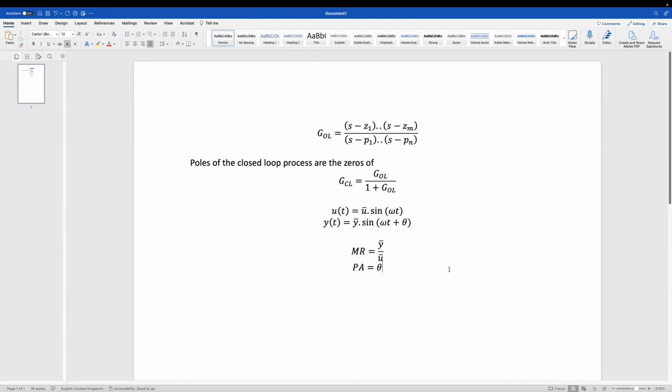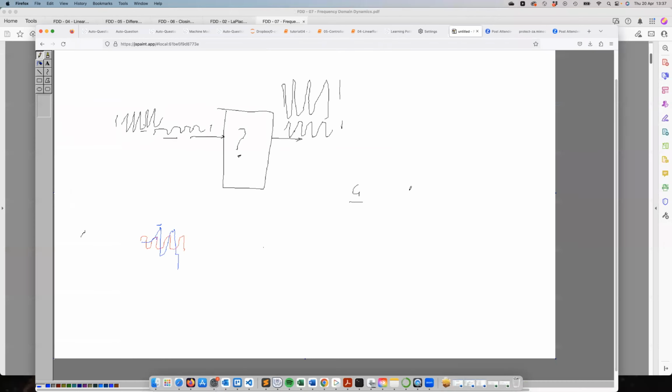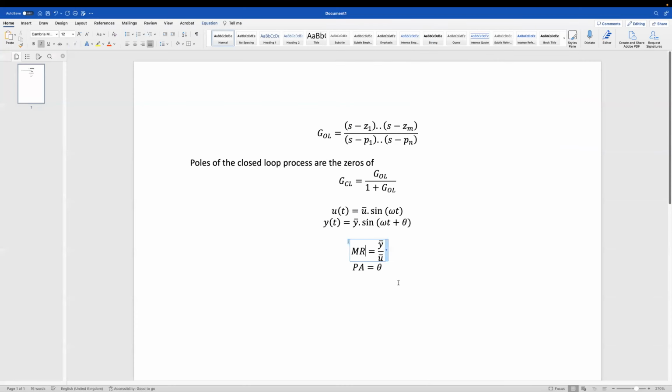Okay, so we can see that the magnitude ratio, remember we said that as we apply different frequencies at the input side, we will get different magnitudes at the exit. And so we can deduce from that our magnitude ratio is a function of frequency.